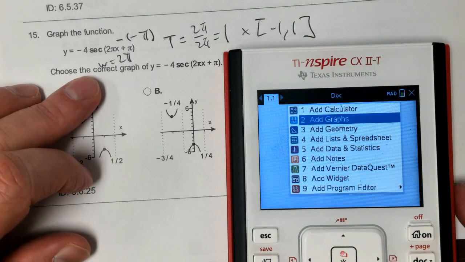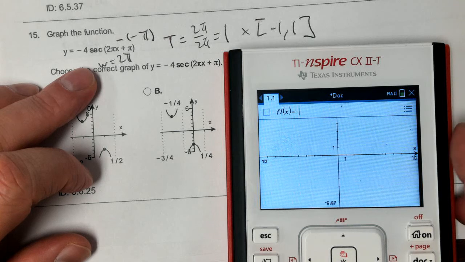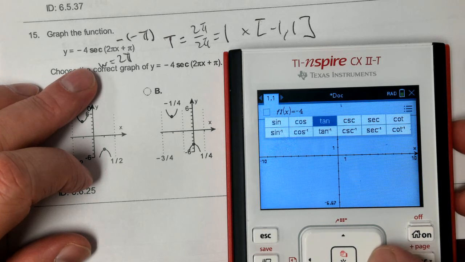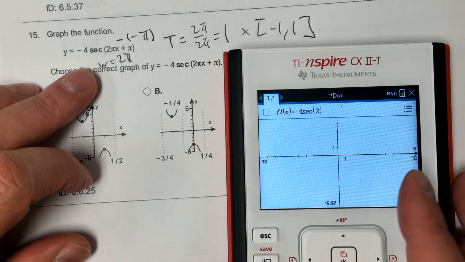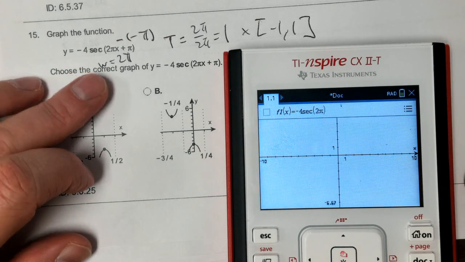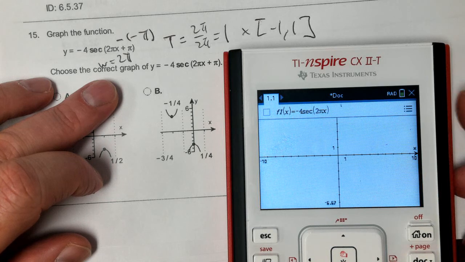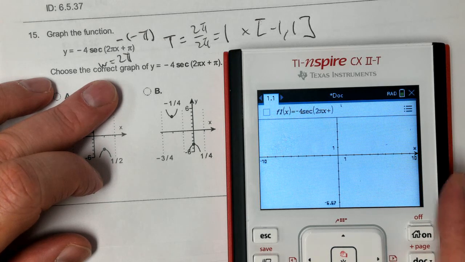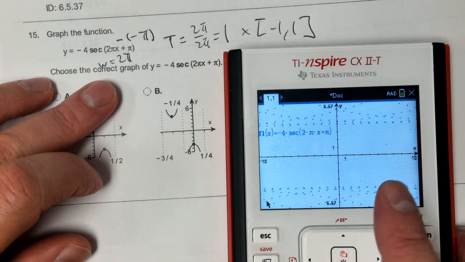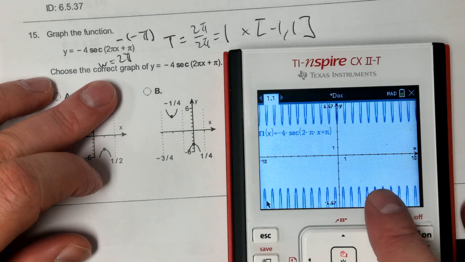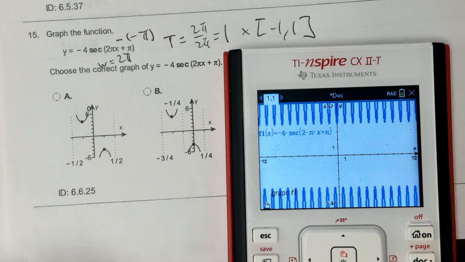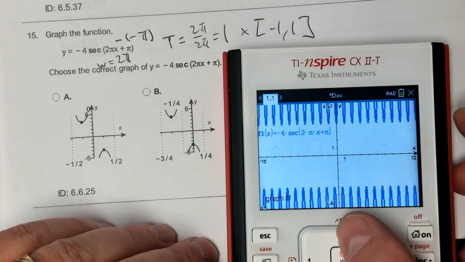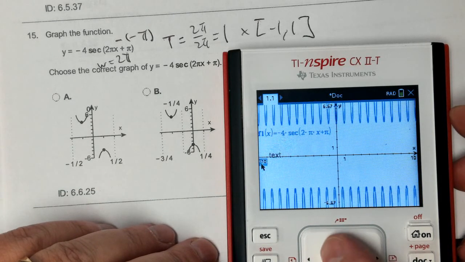Okay, so graph -4 secant 2 pi x plus pi. Okay, so there's your graph, and we want from -1 to 1. Just going to double click.